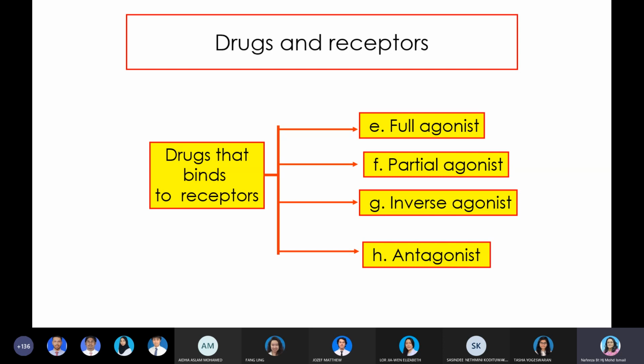That means they all can bind. Now, which one does not have efficacy? Antagonist. Very good. The antagonist has affinity. It binds, but it just blocks the receptor, so the endogenous ligand cannot combine to the receptor. It does nothing to the receptor.